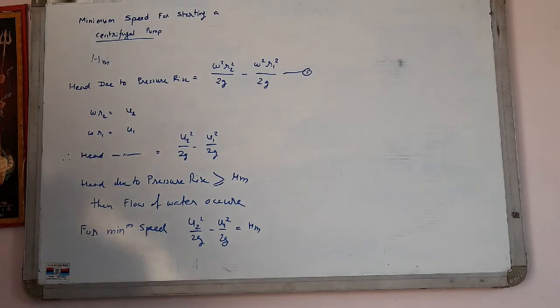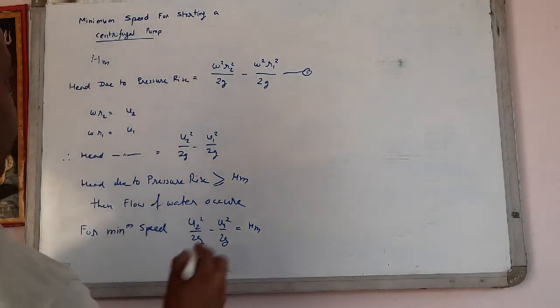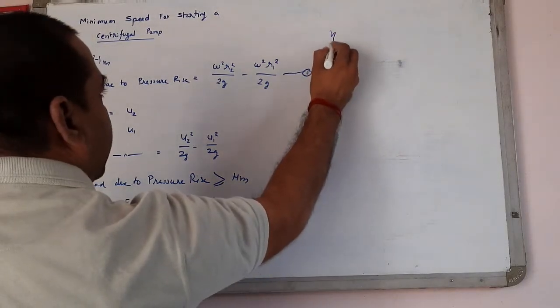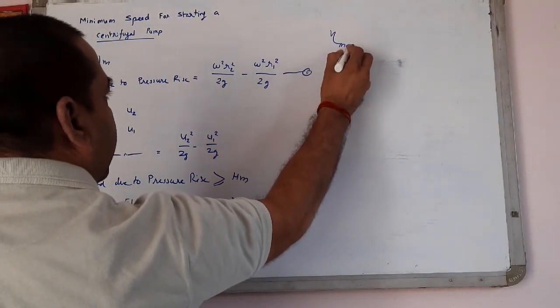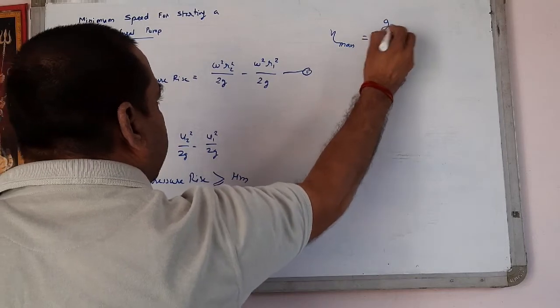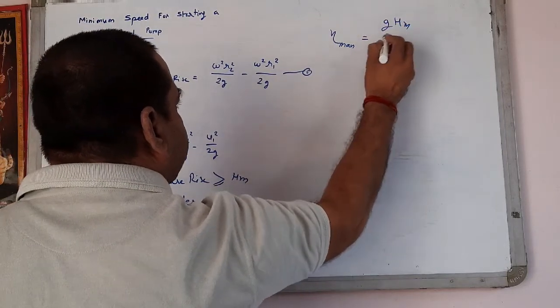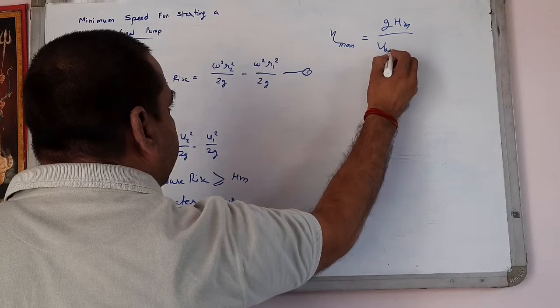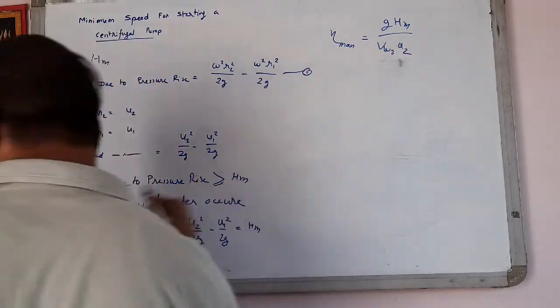Now, from equation 1, as we know, eta manometric is equal to G HM by VW2 U2.